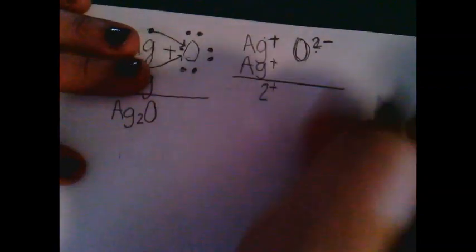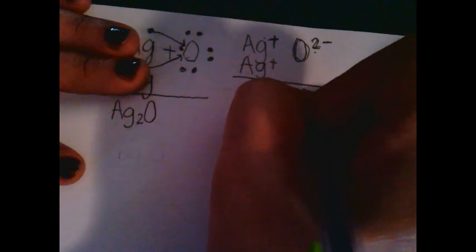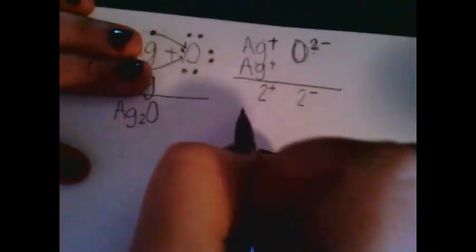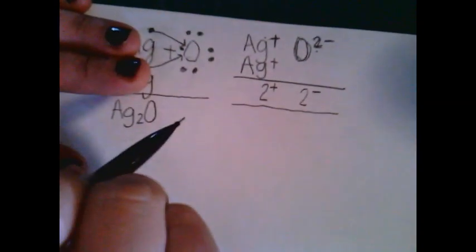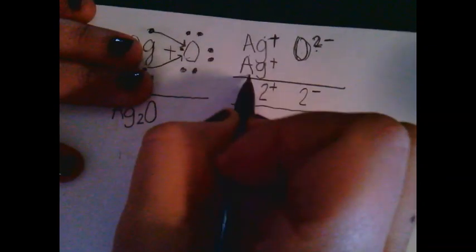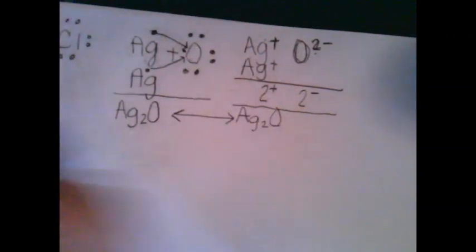When I do 1 more silver, I now have 2 positive over here and 2 negative over here. And again, I'm going to count up my atoms. So I have 2 silver atoms, so Ag2, and 1 oxygen atom. That is, again, the same as here.